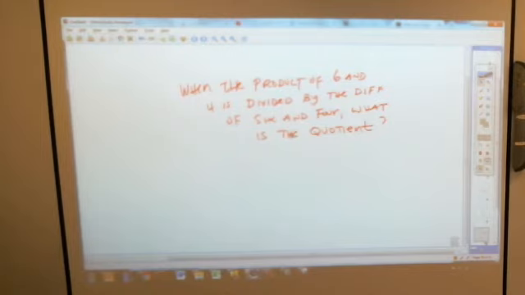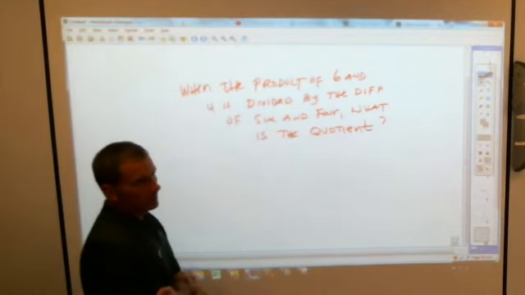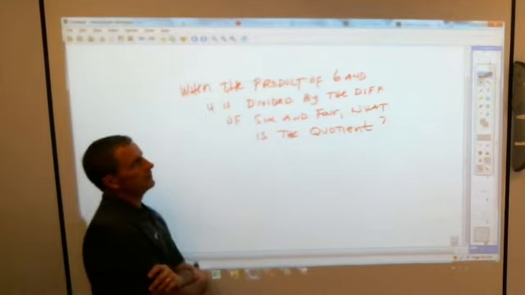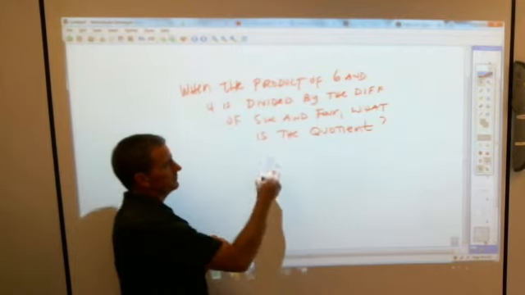Does anybody care to share? When the product of 6 and 4 is divided by the difference of 6 and 4, what is the quotient? I don't want answers. I just want what your equation looks like. Ethan, what's yours look like? Okay, so I did 6 times 4 in parentheses, divided by 6 minus 4 in parentheses.